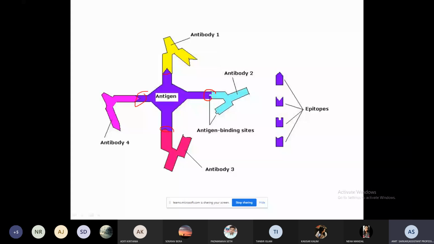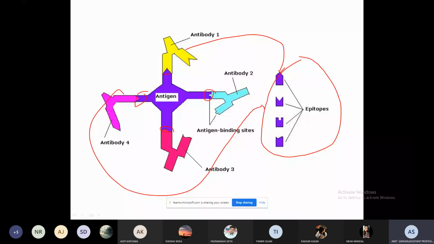Every one is specific. The yellow one is specific to this one, the magenta one is specific to this one, the violet one is specific to this one, and the green one is specific to this one. Okay. So this is about the epitopes.